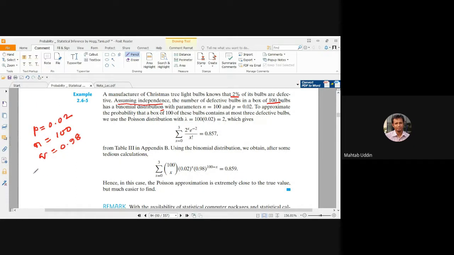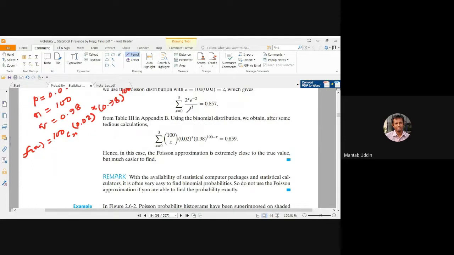So for the binomial distribution we get the PMF f(x) = 100 C x, 0.02 to the power x, 0.98 to the power 100 minus x. Once again, we have to take this for the Poisson distribution.